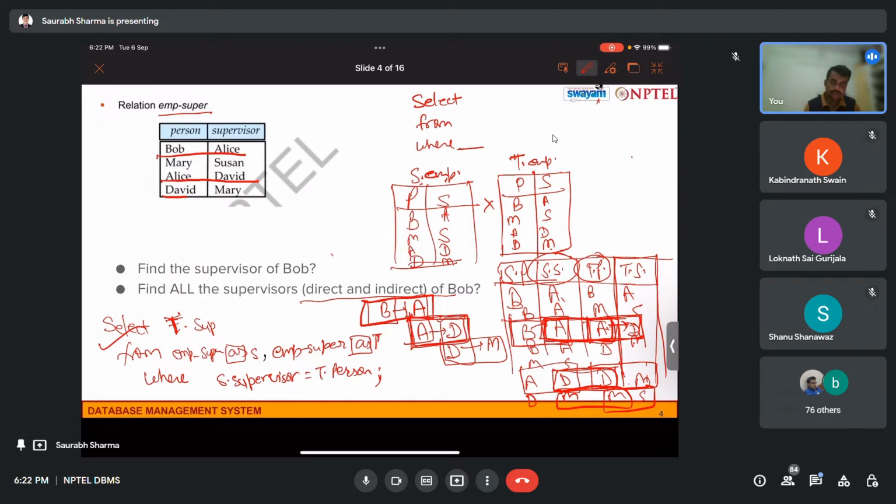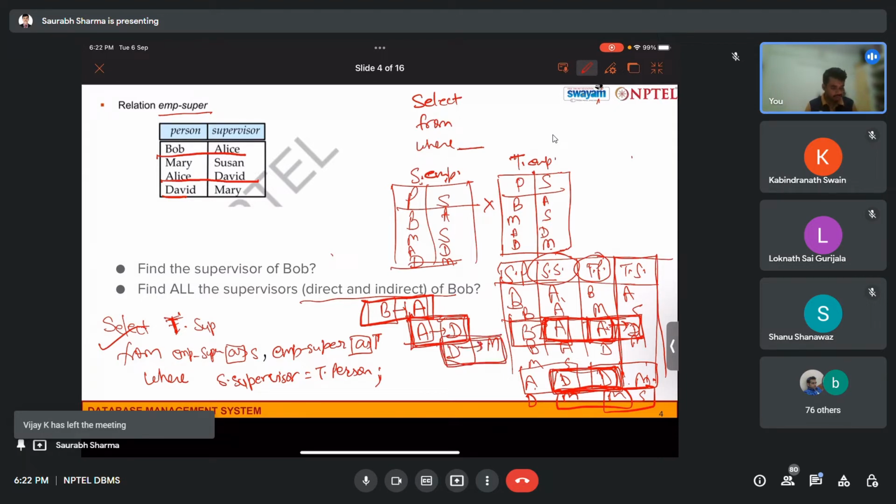To go to the supervisor of David, we want David as a person also. So for that we went to this tuple in our Cartesian product. Here David is the supervisor of A, but David is a person for S. M means Mary. So we went to Mary from there.